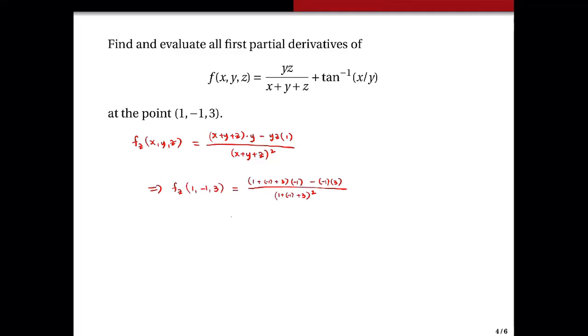So if we simplify this, 3 times negative 1 is negative 3. And then this becomes plus 3. Over the denominator, it's just 3 squared, but this is equal to 0. Questions?